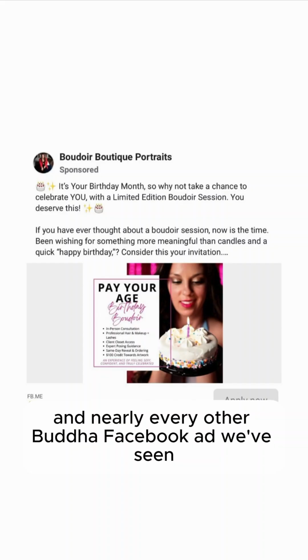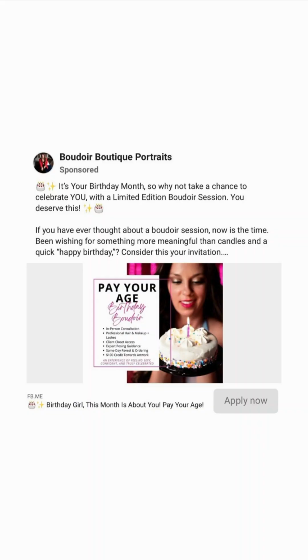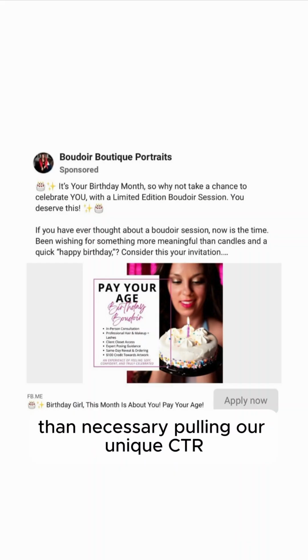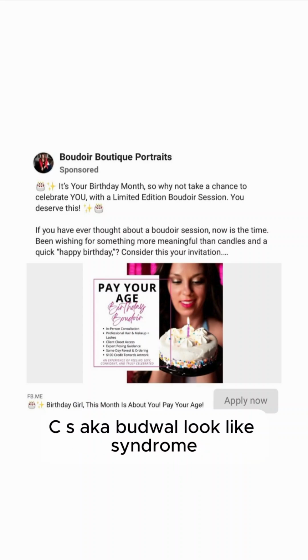And nearly every other Boudoir Facebook ad we've seen, nearly all of them look like ads. The consequence of this is way more women scroll by our ad than necessary, pulling our unique CTR under 6%, and contributing to BLCS, aka Boudoir low click syndrome.